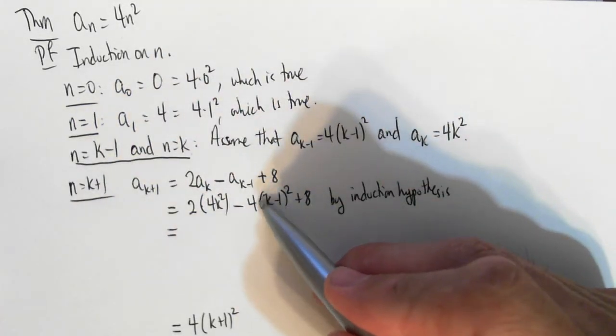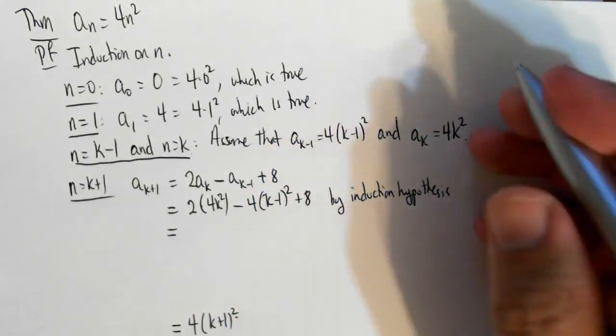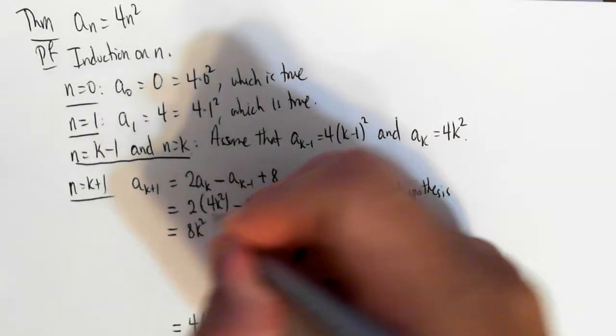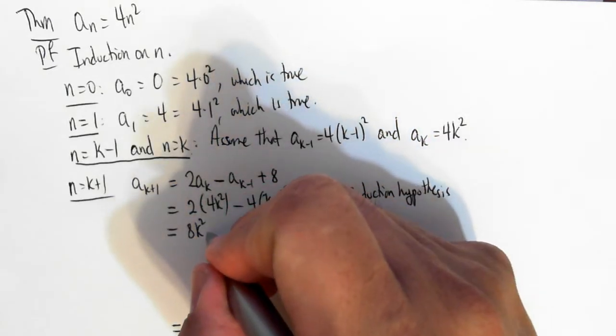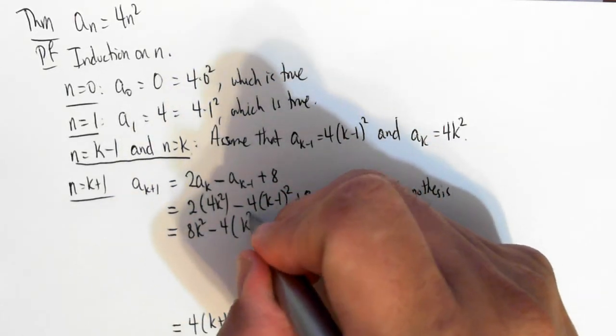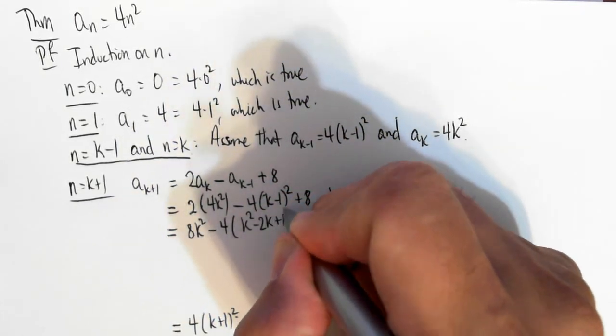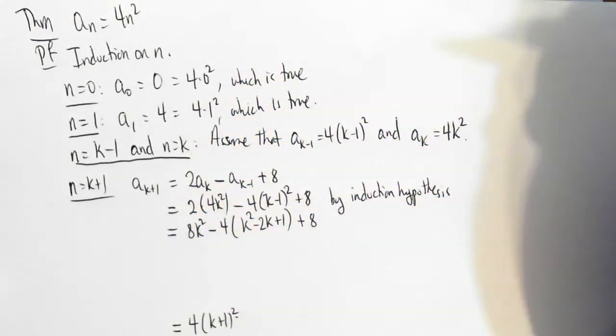Okay, now it's just algebra to convert this into the target. So that'll be 8k squared minus 4 times k squared minus 2k plus 1, plus 8.